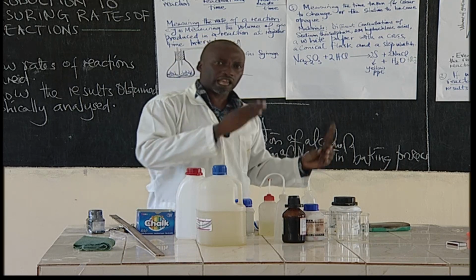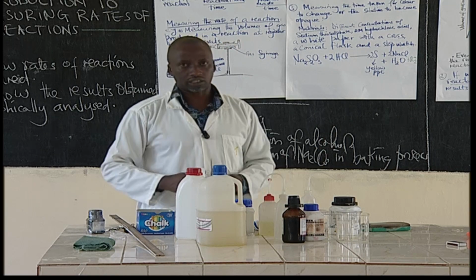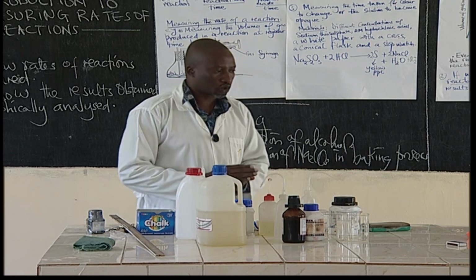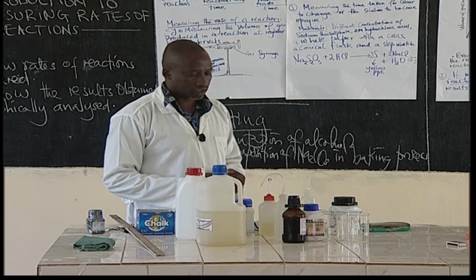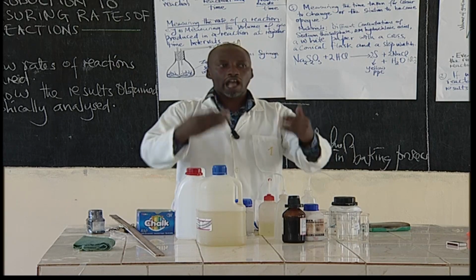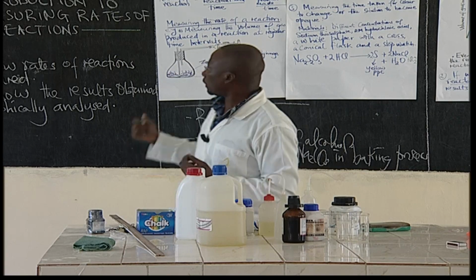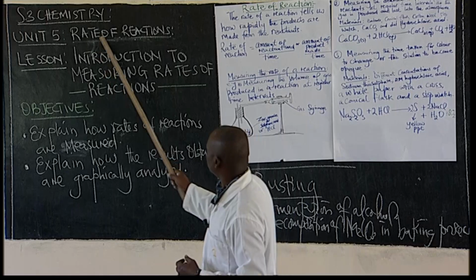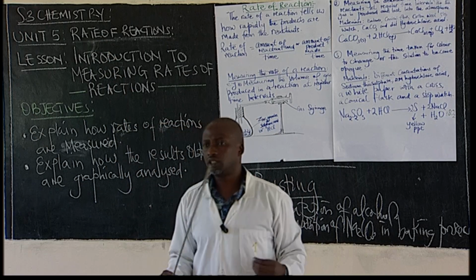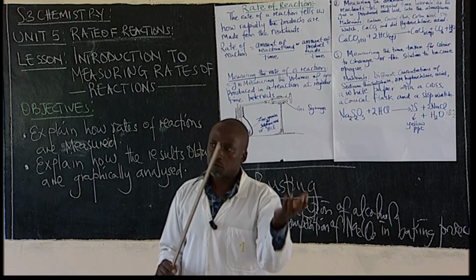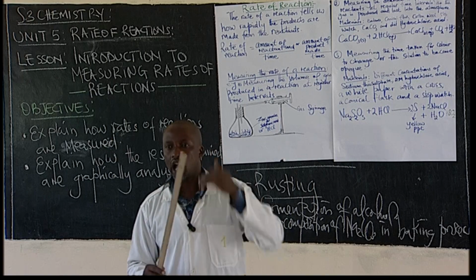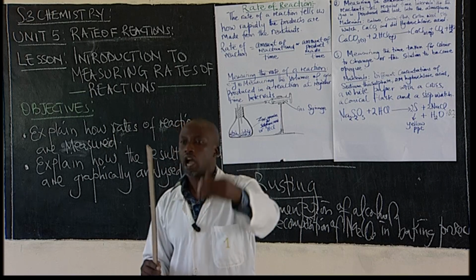There are some other reactions that occur. They are even instantaneous. They take place very fast. And I'm just going to show you some of these reactions that take place instantaneously, or they occur very fast. So when we're talking about the rate, probably you can use the word speed, which can be used interchangeably with the word rate, the speed of the reaction, how fast the reaction can go.